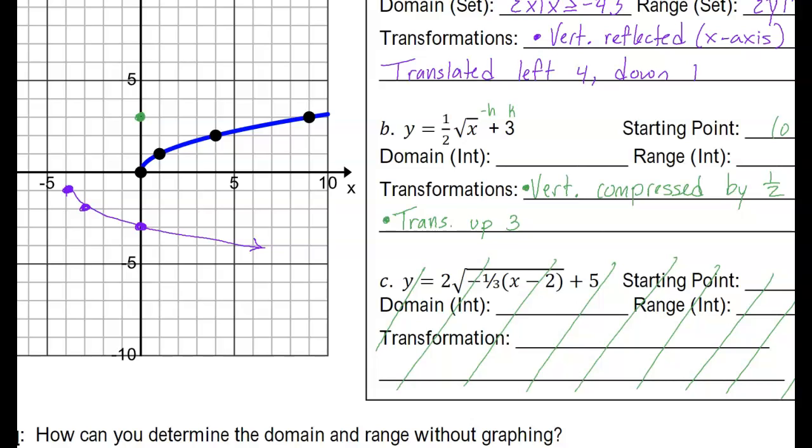You guys got to help me. Where's my next perfect point? 4, 4. 4, 1, 2, 3, 4. Perfect. See how it's vertically compressed? It's much shorter.